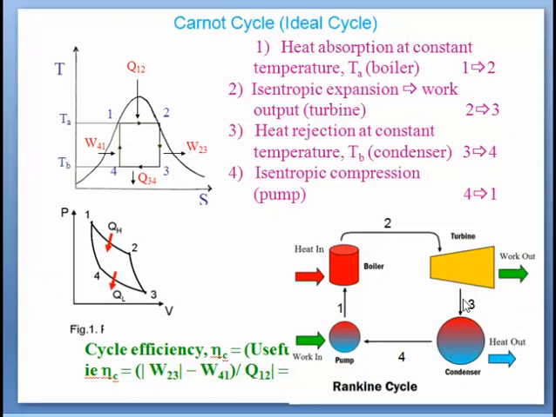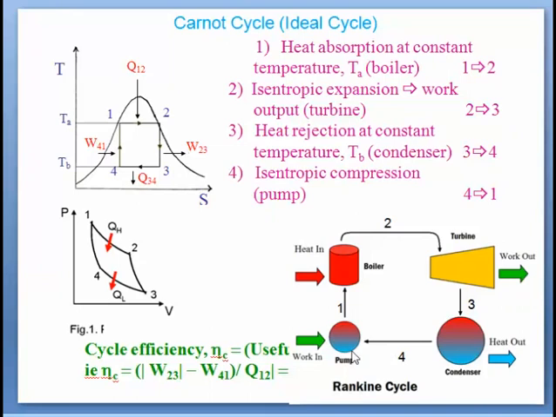Then after expansion, that steam goes to the condenser. So the inlet condition of the condenser is point 3. The expansion of steam takes place in the wet zone, that is represented by point 3. Now that steam enters the condenser at point 3, and after getting condensed it comes out at point 4, and again it is a wet condition. So at point 4 there will be a mixture of vapor and water.